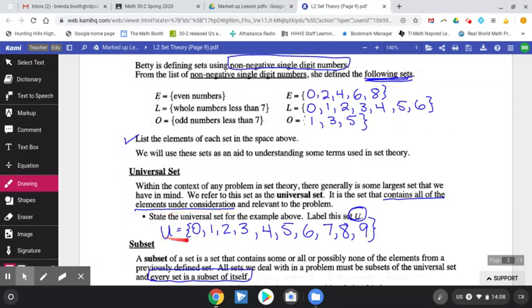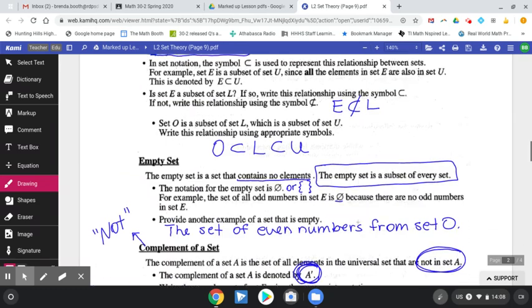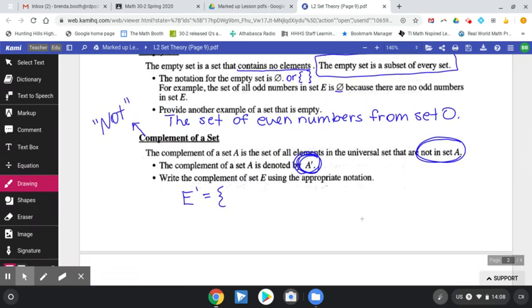Okay, so looking at the universal set, we're going to pull out the numbers that are not even, or in other words, they are not in set E. So that would be 1, 3, 5, 7, and 9.